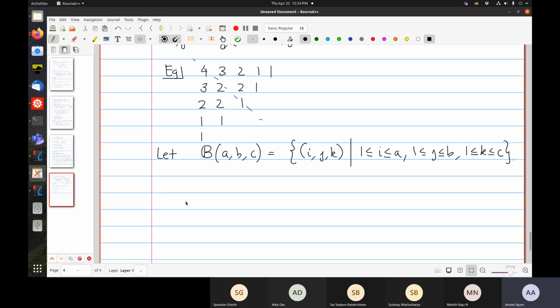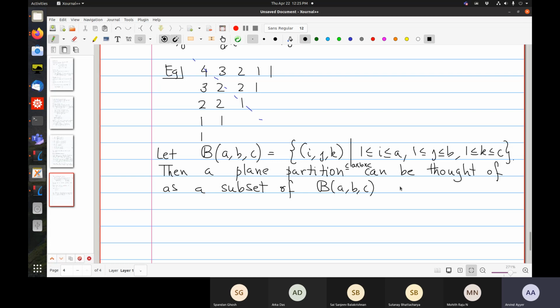Right? And then a plane partition can be thought of as a subset inside a by b by c.